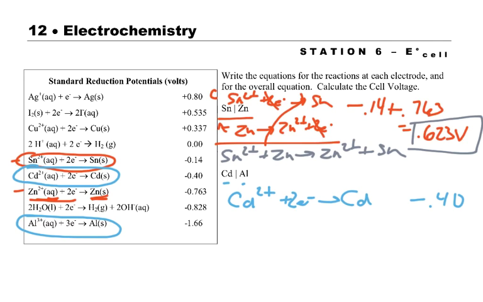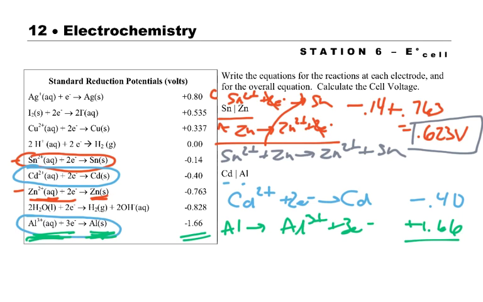The aluminum is going to be written in reverse because it's the lower of the two, so aluminum metal turns into Al3+ plus 3 electrons. That's going to have a voltage of positive 1.66 volts.